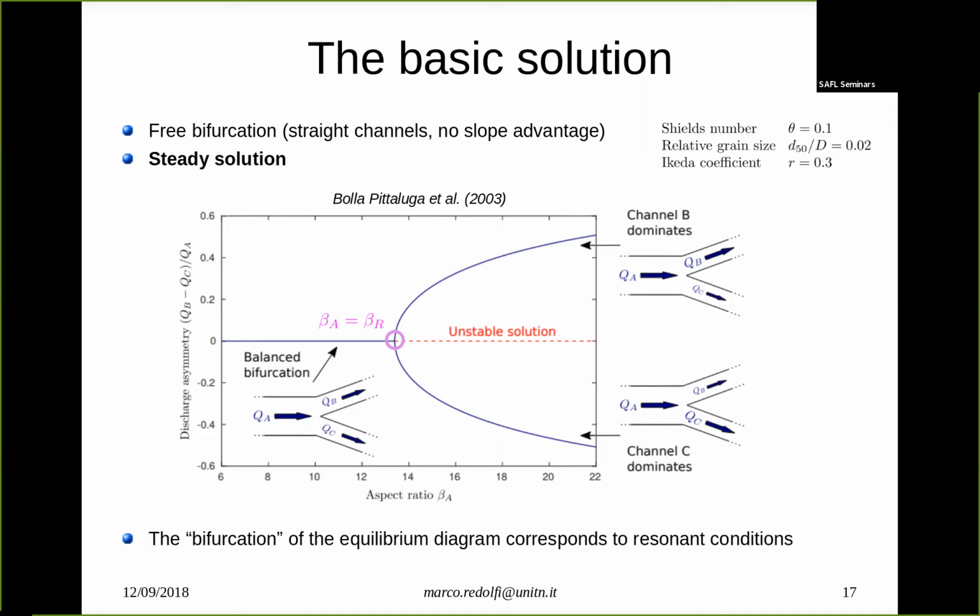To make this simplified model in agreement with what we have said before, we have to calibrate the model parameters, specifically the length of the cell, so that this point corresponds to the resonant beta. Because we know from previous theory that this has to be equal to the resonant value.